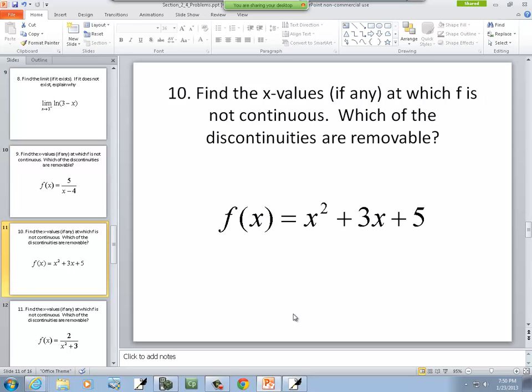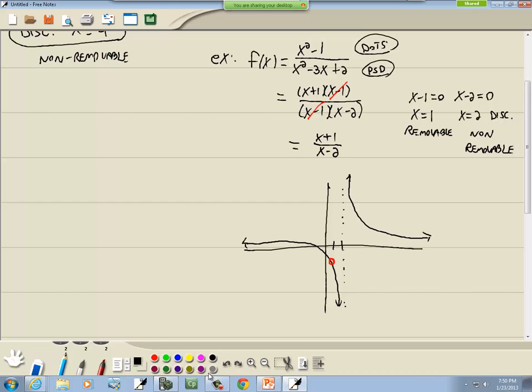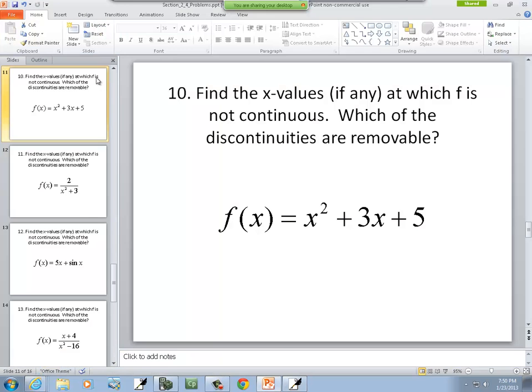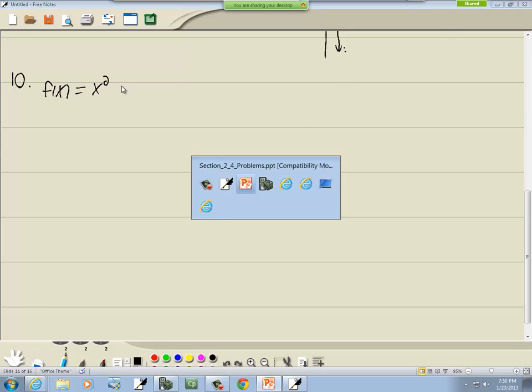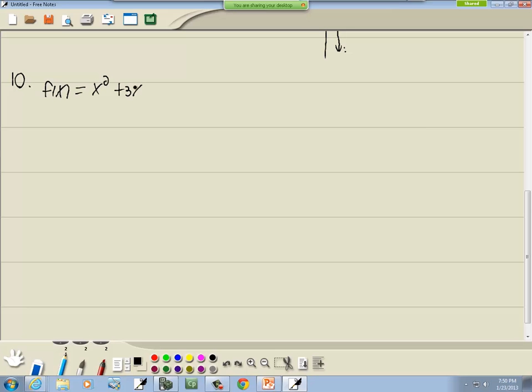Okay, let's look at the next type for continuity. Guess I better scroll down here. And we got number 10, which is f of x is equal to x squared plus 3x plus 5.